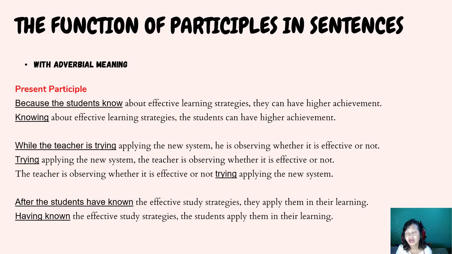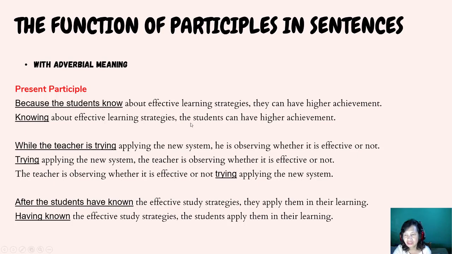That means experimenting, or having an experiment. And you can put "trying" here after the main clause. Actually, you can have it like this: the teacher is observing whether it is effective or not while trying applying the new system.